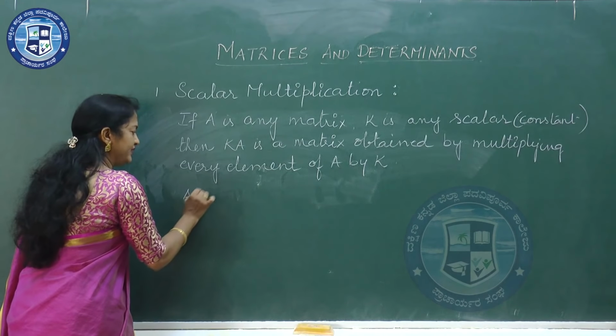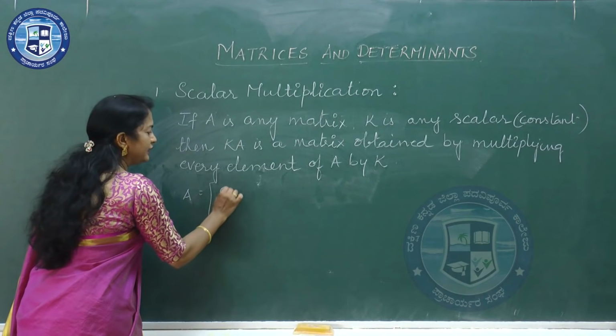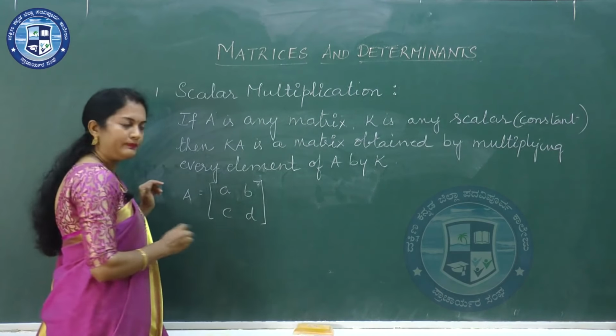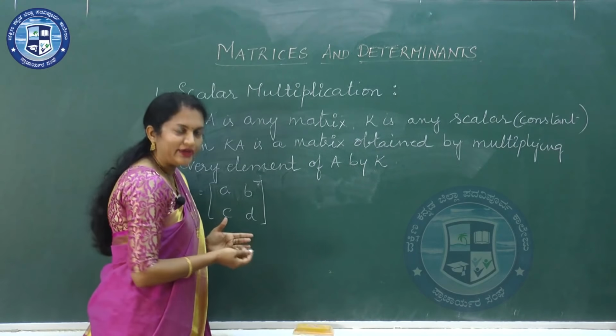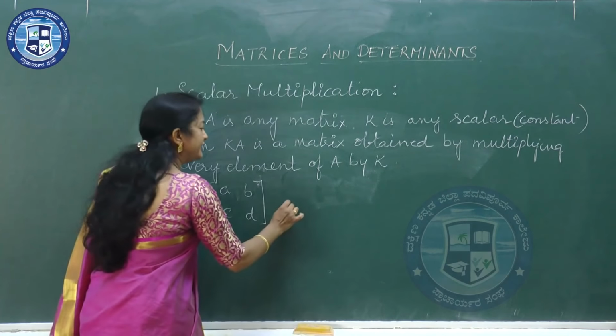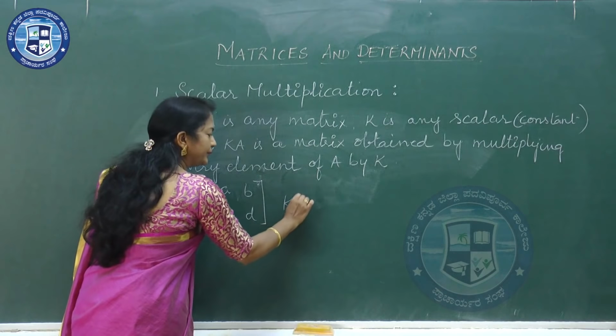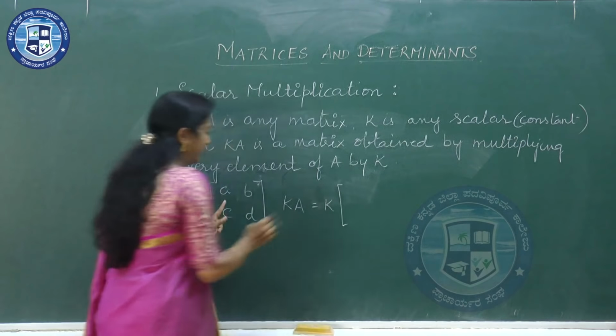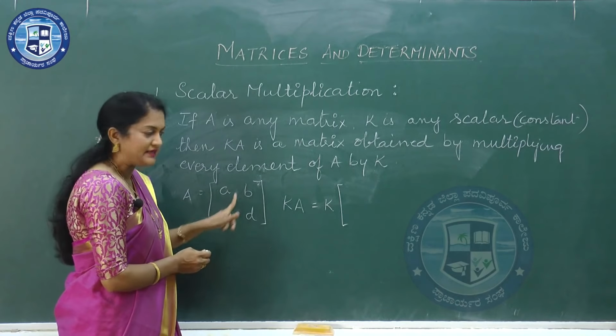Let A be the matrix with elements a, b, c, d. K is any constant or scalar, then K into A is K into the matrix a, b, c, d.